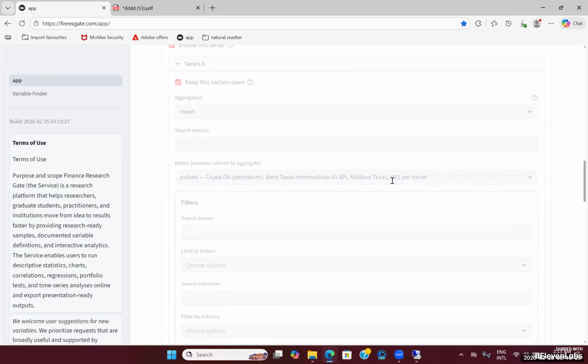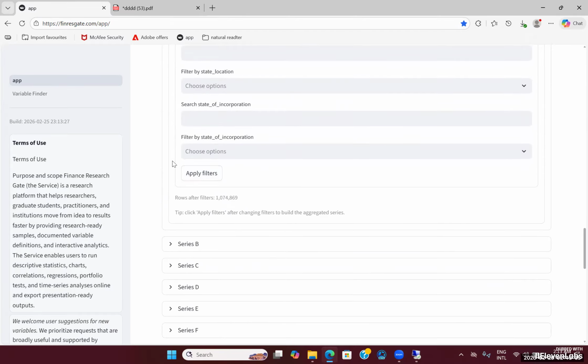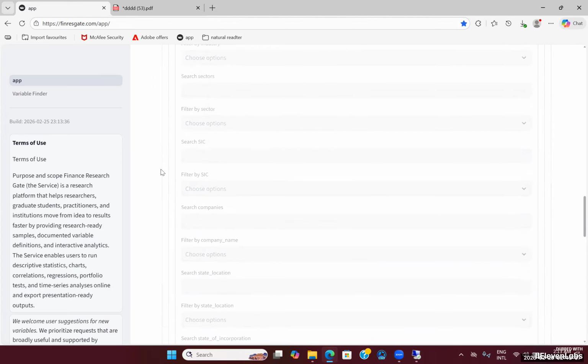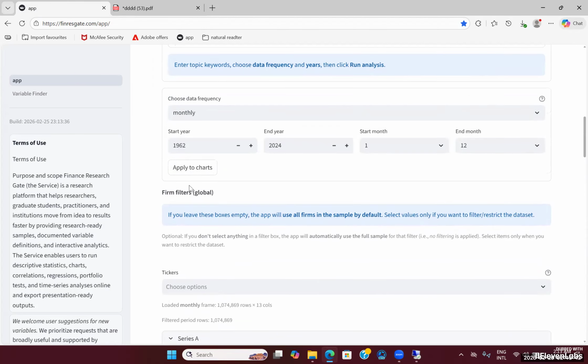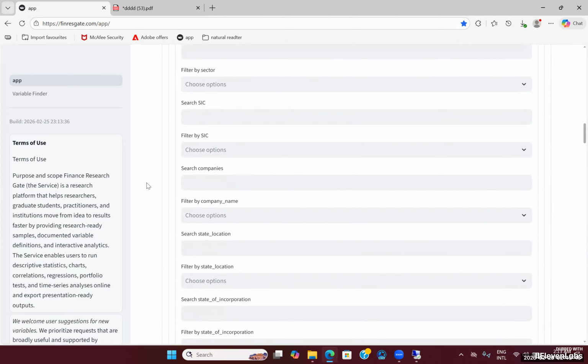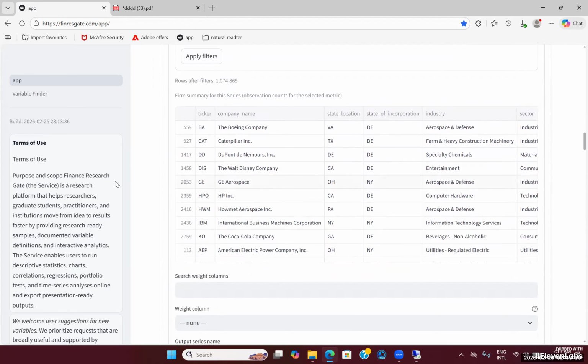It's always quoted in terms of the US dollar price for a single barrel. And here we can clearly see the mean value. We're looking at oil price data on a monthly basis, covering the period from 1962 all the way up to the year 2024. So after you select the Apply button, the system will then implement the chosen variable of interest.